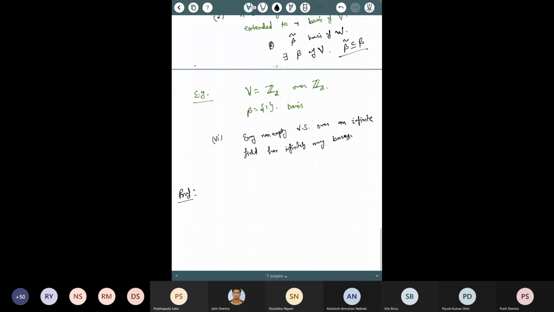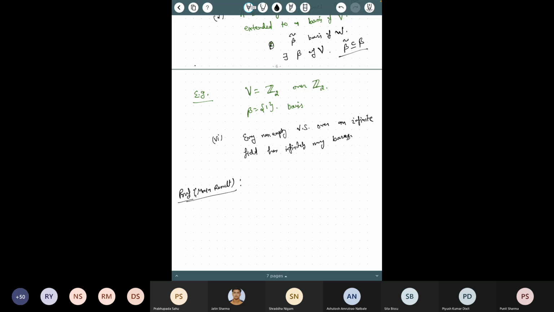So this is the proof of the main result. We will complete this proof using Zorn's lemma. The proof is not difficult. If we apply Zorn's lemma in a proper way, then this follows.